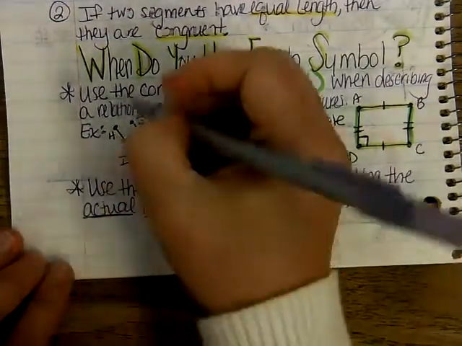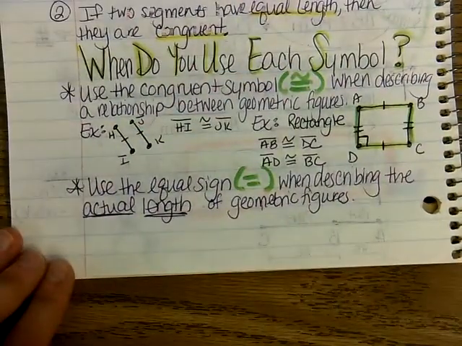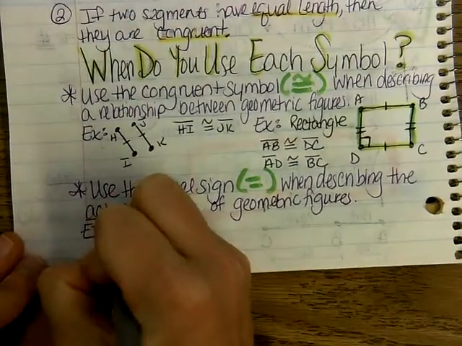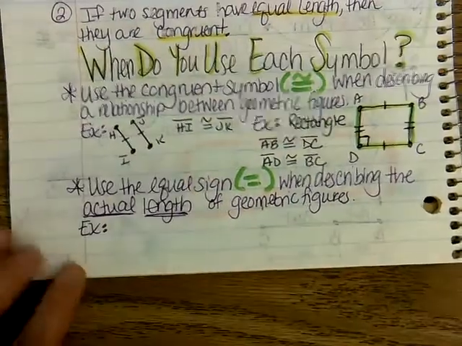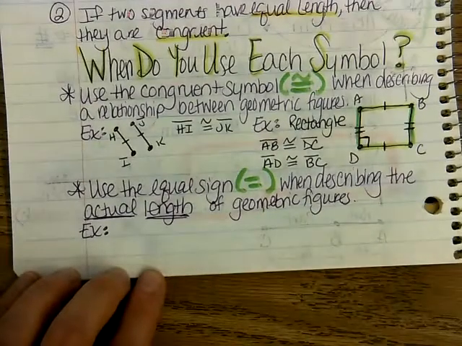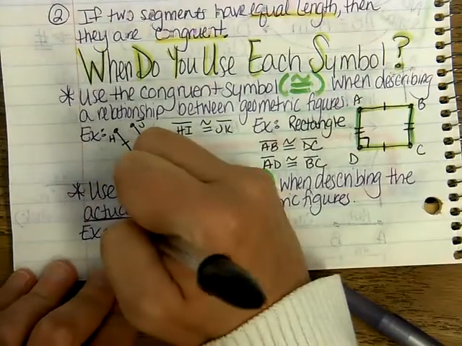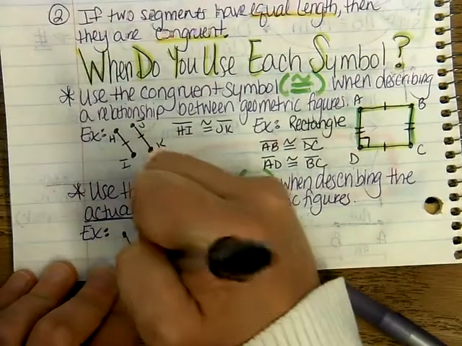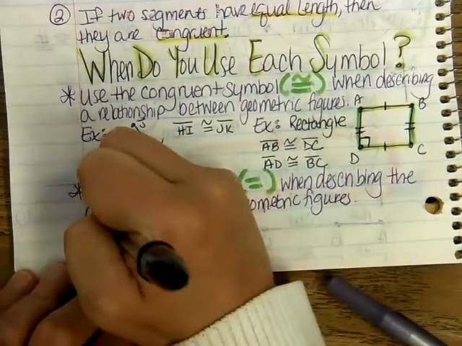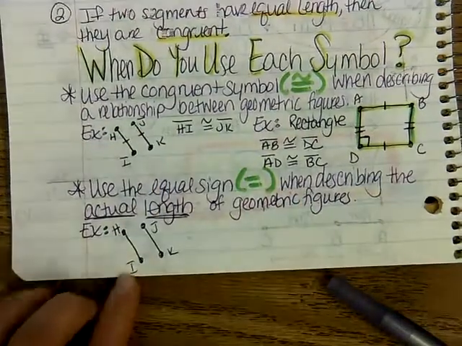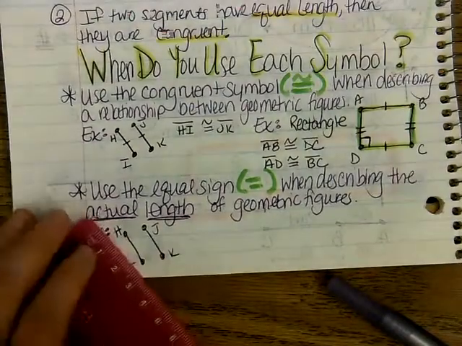And what that looks like, if we're going to use our examples up here, is we'll have two segments, once again, HI and JK. But now we're interested in what their actual length is.